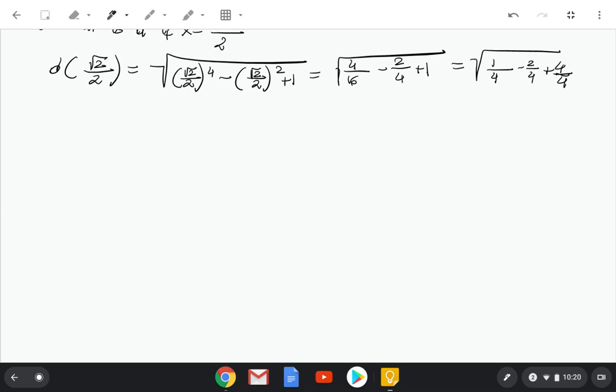So we're having 1 minus 2, negative 1 plus 4. We have 3 over 4 and everything is under square root. So this is the same as square root of 3 divided by 2 because radical 4 is 2. So that's the answer of part D, when you have to find the distance when x is equal to square root of 2 over 2.